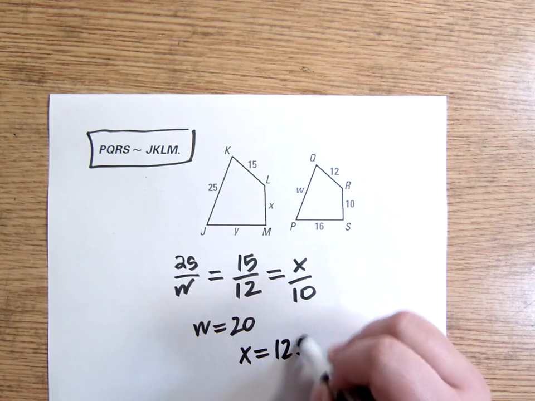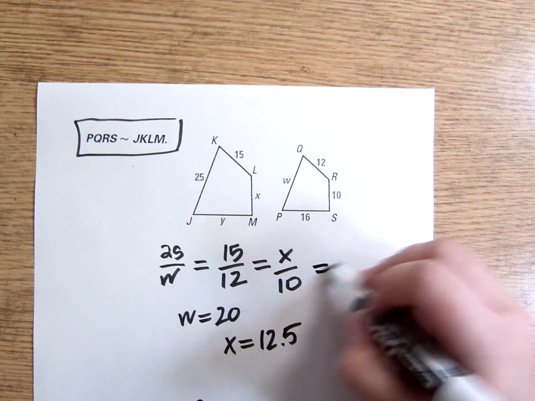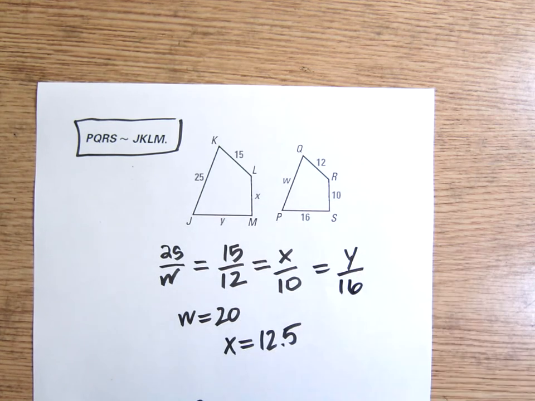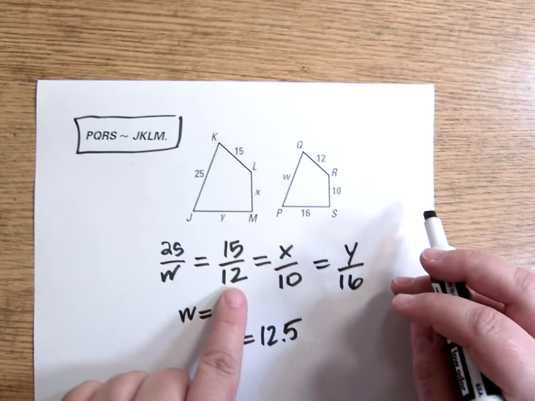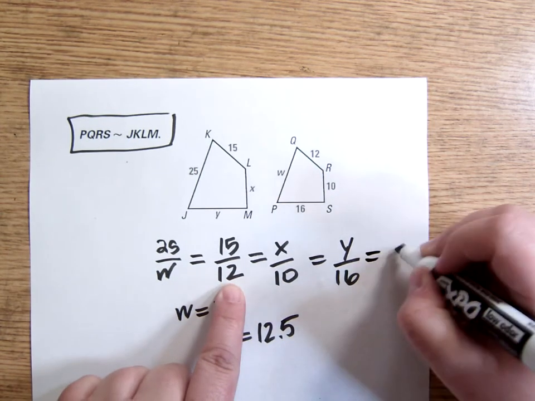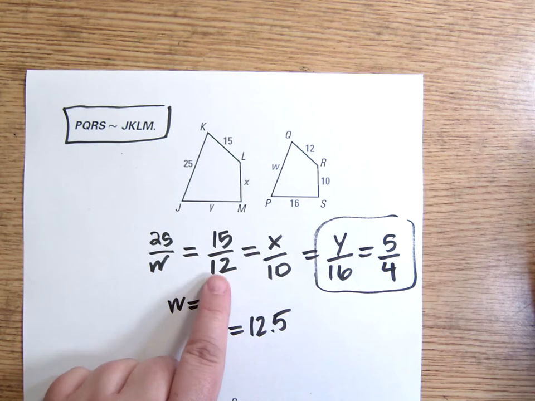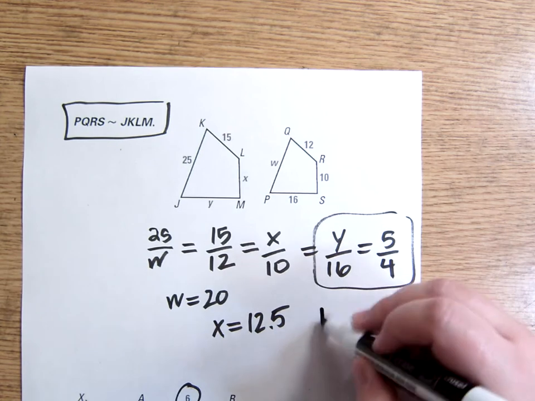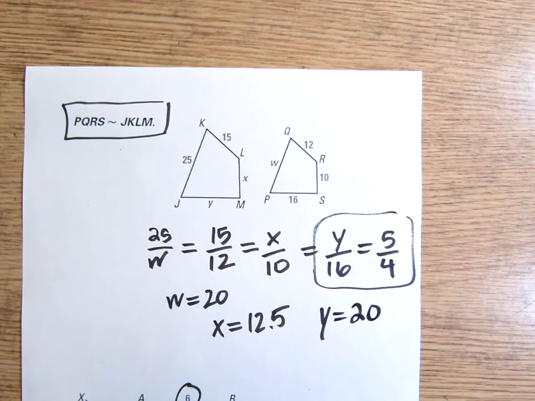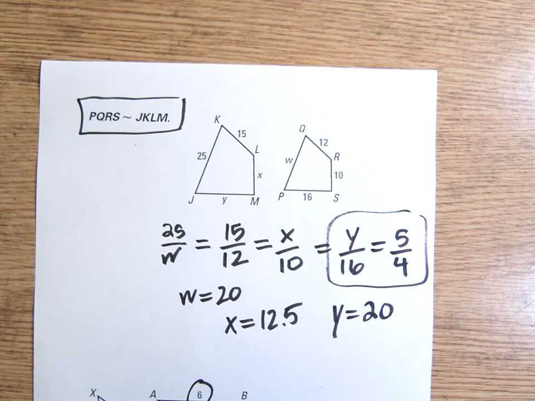Double check me on that. And all of those have to equal Y over 16. I would probably go ahead and do 15 over 12. And I could also have reduced this from the start and just called that 5 over 4. And then compare like this. I can cross multiply to solve that. Go ahead and do that. You should get Y is 20. Okay, so we could find our missing side lengths if we want to.